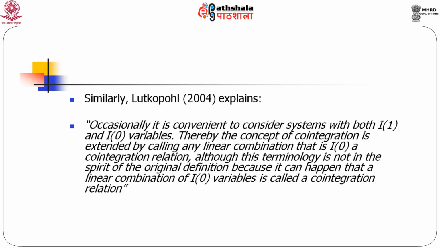Thereby, the concept of cointegration is extended by calling any linear combination that is I(0) a cointegrating relationship, though this terminology is not in the spirit of the original definition, because it can happen that a linear combination of I(0) variables is called a cointegrating relationship.